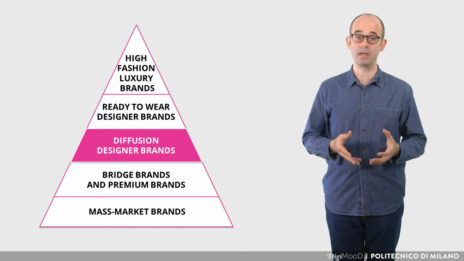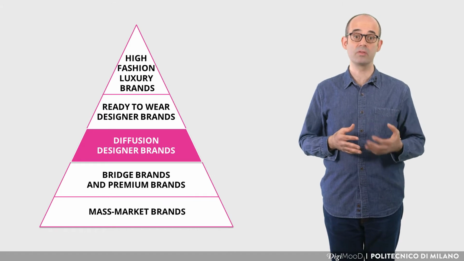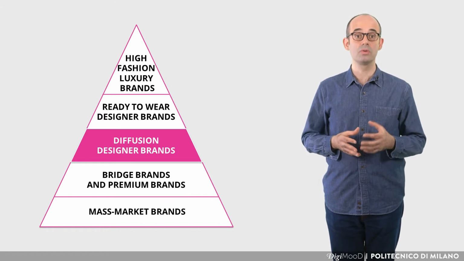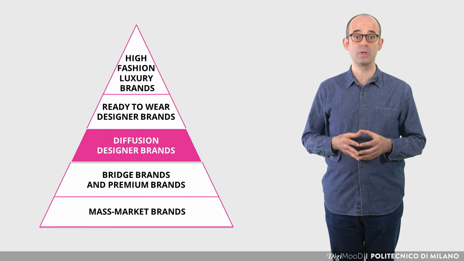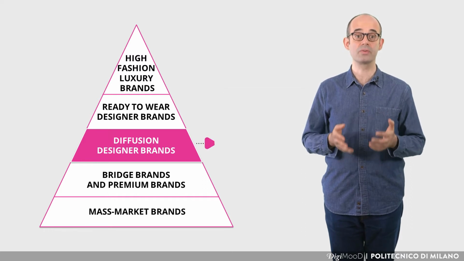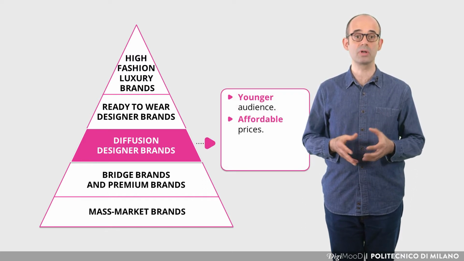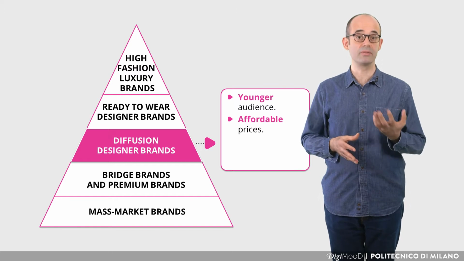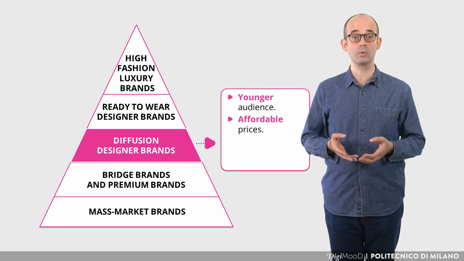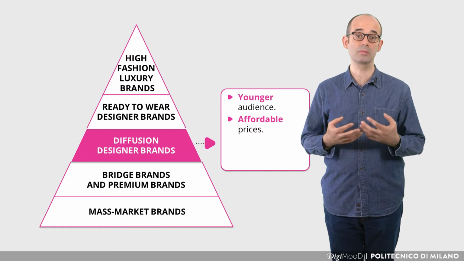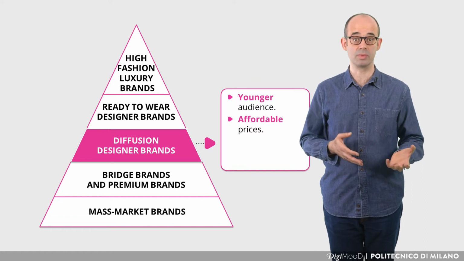Diffusion designer brand is the third level of market segmentation. Usually, by diffusion line, we mean those brands that address a younger audience with more affordable prices than ready-to-wear lines, but always positioned in a high market price range for the end customer.